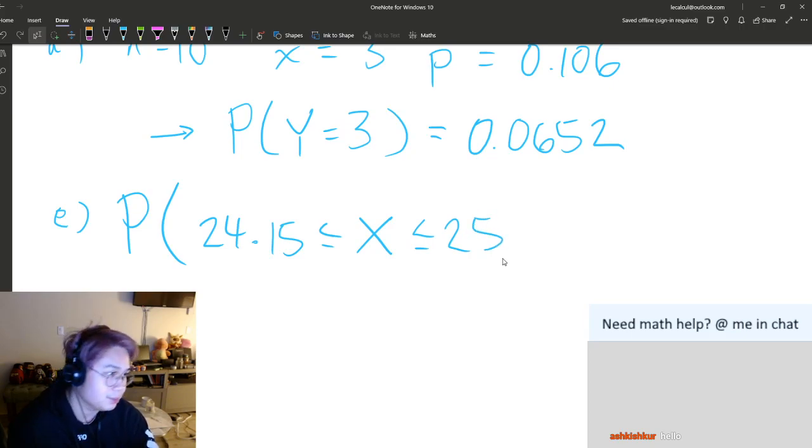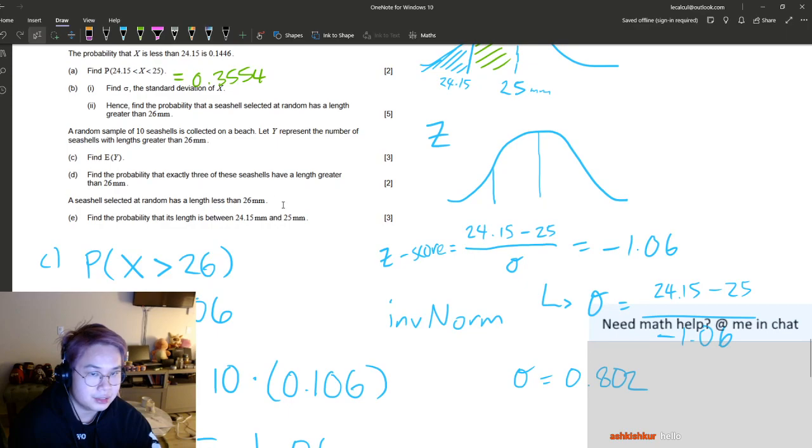And because we're measuring a single seashell, but they gave you information, this is a given. This is a conditional. It's less than 26.